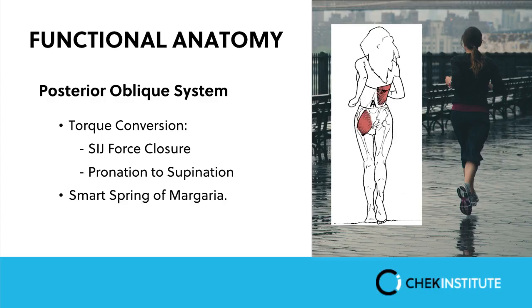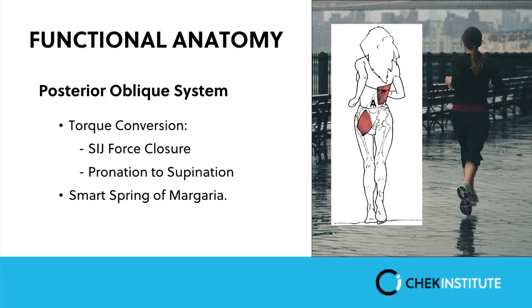And then that energy releases, creating what we call the smart spring of Margaria. This is when the body's stress energy releases by way of ambulation. So it basically holds energy and releases energy by way of the sling. What sling? In this particular slide, it's the posterior oblique sling.